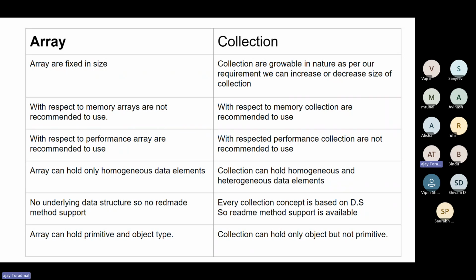You have to tell the same difference. The same points are valid. Here you can replace any collection, and this thing is constant. If someone is asking like this, you have to tell only this particular difference.